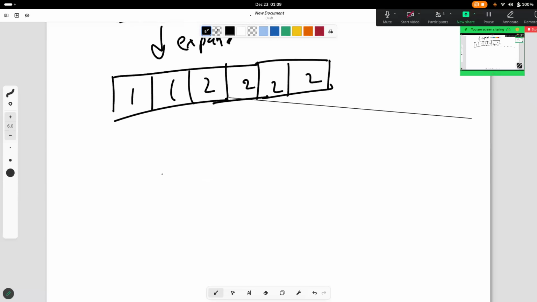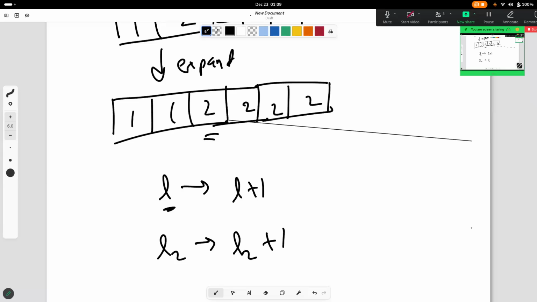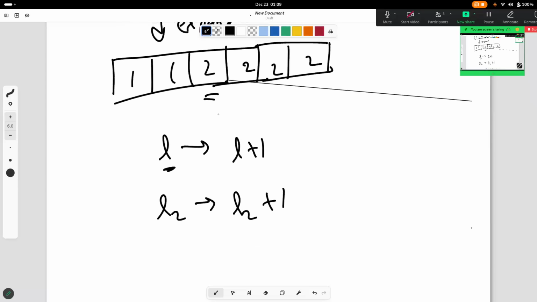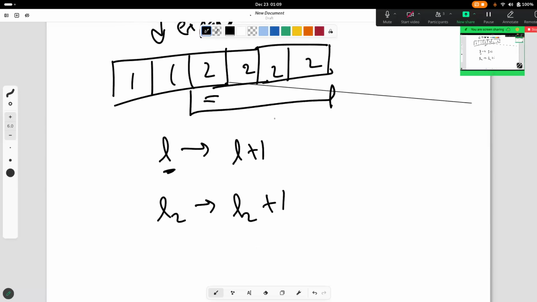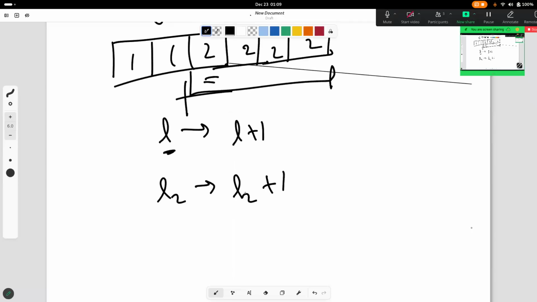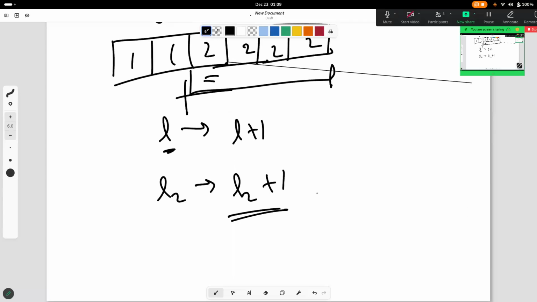And now notice that if we increment the L2 of the 2, that's as good as saying that we have shifted the whole second snake 1 place to the right. All the operations that have been done on the second snake have been shifted 1 place to the right.